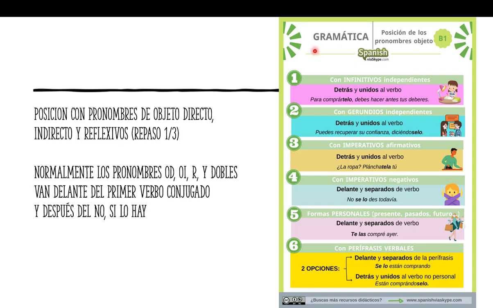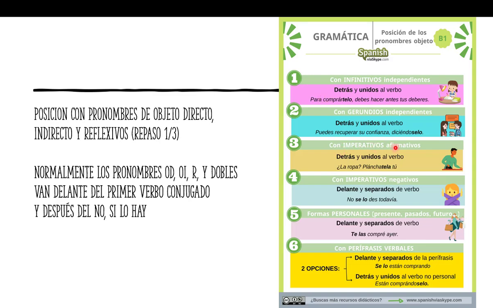If you look at this lovely infographic from Spanish by Skype, you can see that they do that, normally. So number 4 and number 5, you can see that. So con imperativos negativos, no se lo des todavía, or in normal sentences, te las compré ayer. So in front of the first conjugated verb and after no, okay?